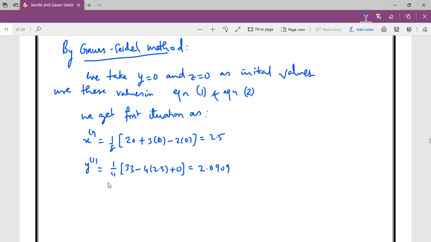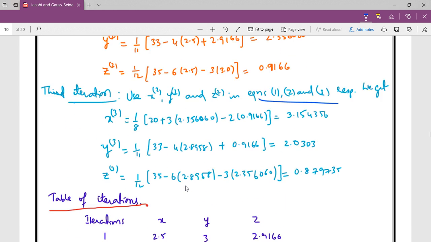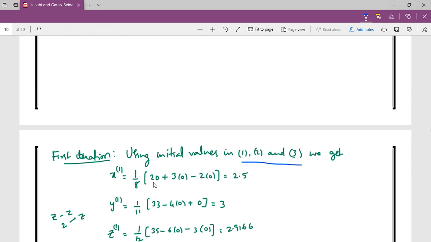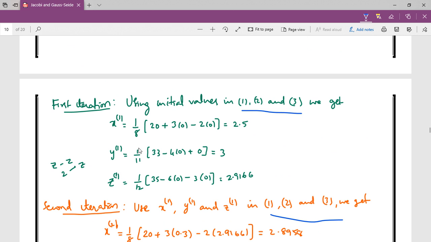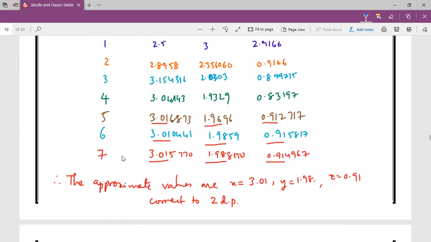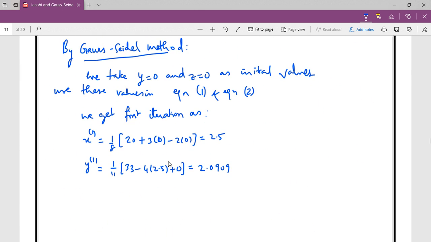Now let's compare this y1 in Gauss-Seidel and y1 in Jacobi-iteration. In the first iteration of Jacobi, for y1 we use both x0 and z0, but in the Gauss-Seidel method for y1 we use x1 and z0. This is the difference between Gauss-Seidel and Jacobi-iteration.